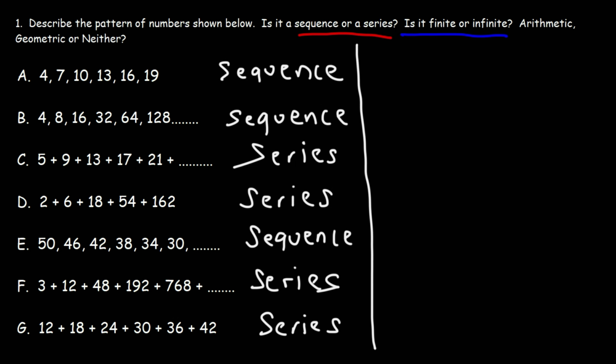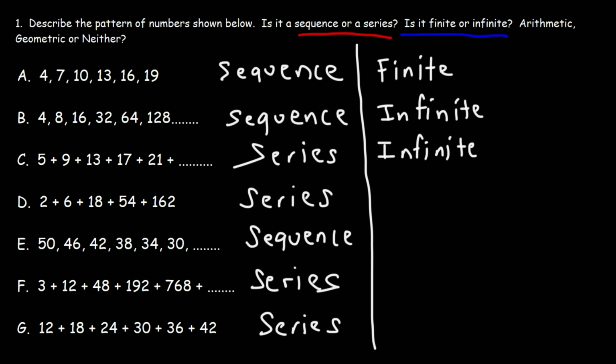To answer that, all we need to do is identify if we have a list of dots at the end or not. Here, this ends at 19, so that's a finite sequence. The dots here tell us it's going to go forever, so this is an infinite sequence. This one, we have the dots, so this is going to be an infinite series.